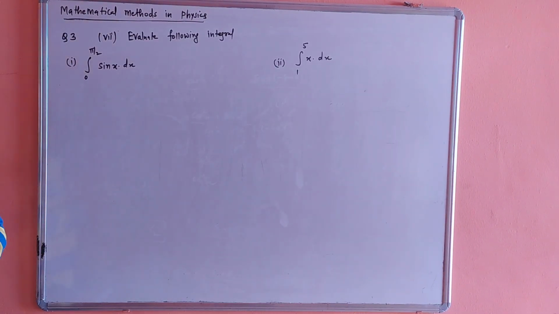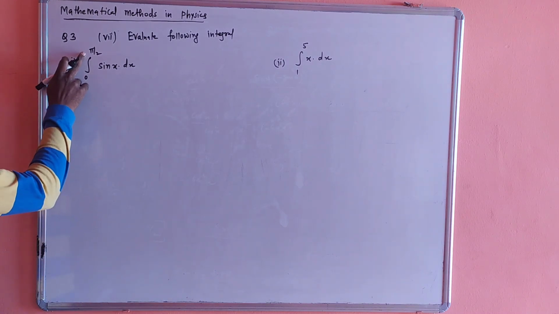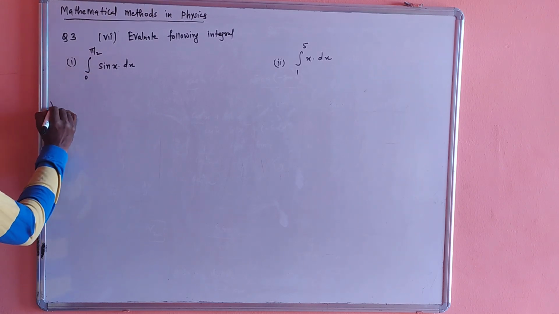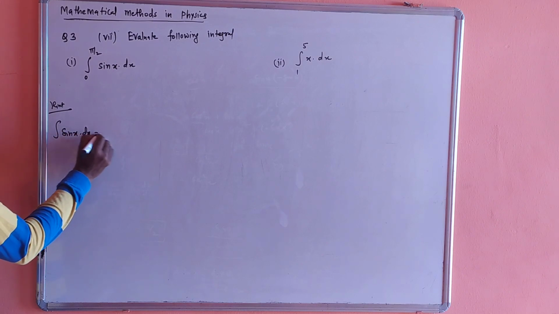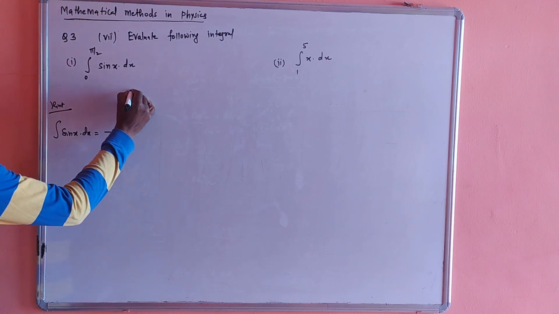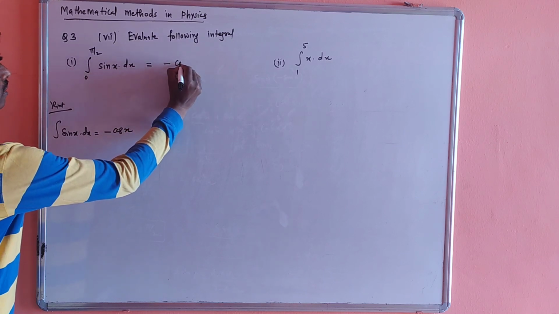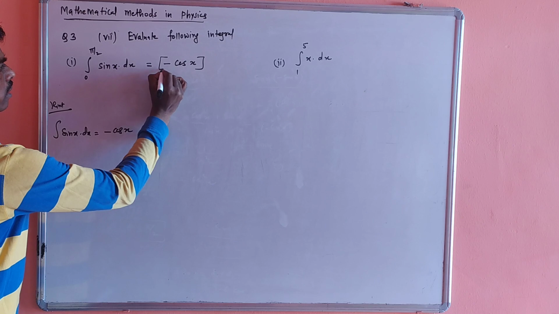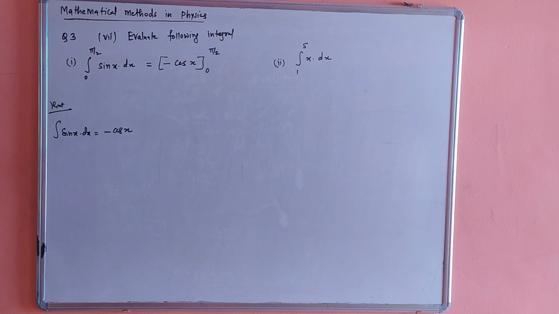This is the last problem of your exercise and the topic is mathematical methods in physics. Evaluate the following integrals. First, integration from 0 to pi by 2 of sin x dx. The hint: what is the formula for integration of sin x dx? It is minus cos x, and we simply apply the limits. The lower limit is 0 and the upper limit is pi by 2.